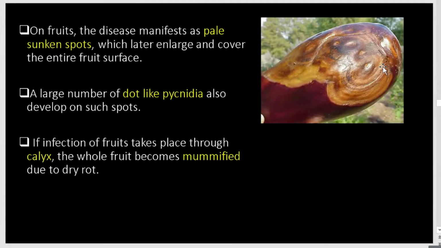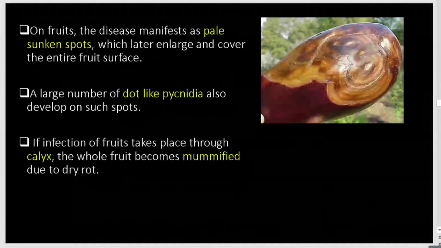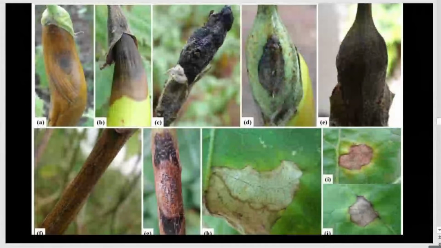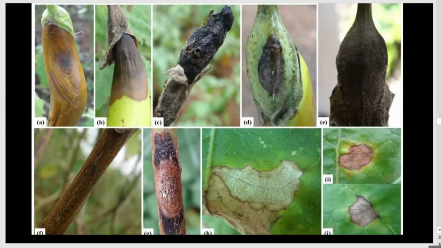This is the advancing phase of symptoms on the fruit of Phomopsis blight. Generally, they appear as discolored sunken spots, which are generally pale brown, and with enlargement of these pale brown sunken spots, a number of dark colored pycnidia, a black fruiting mass, may be formed. Here you can see some black dot-like things arranged in concentric rings. This is in the case of stem, and when they coalesce, they form irregular patches. In this photograph, you can see again some minute dot-like structures.